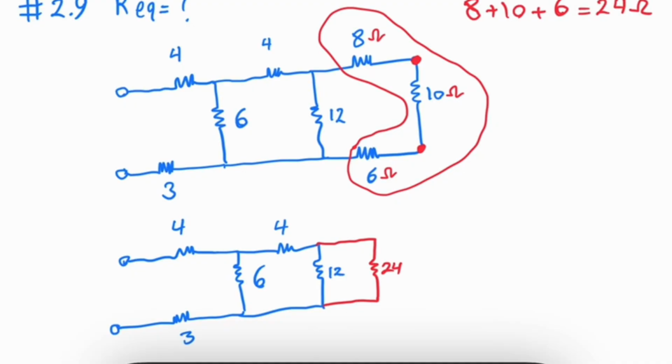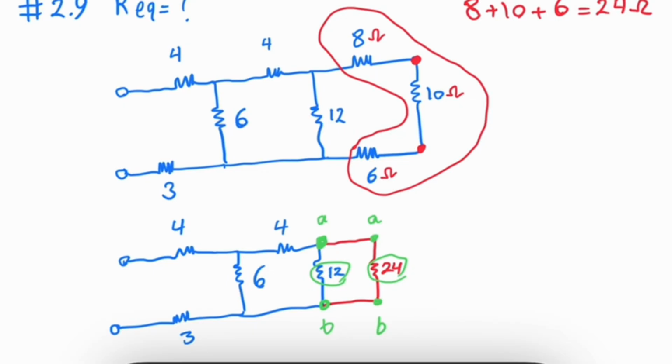Now you can see that these two resistors, the 24 ohm resistor and the 12 ohm resistor, are in parallel, since both of them are using the same two nodes. If we call this node A, this is also node A. If we call this one node B, this is node B.